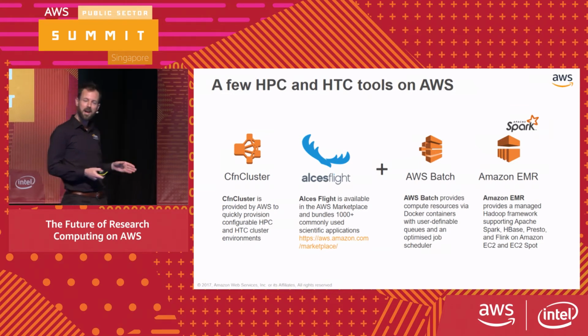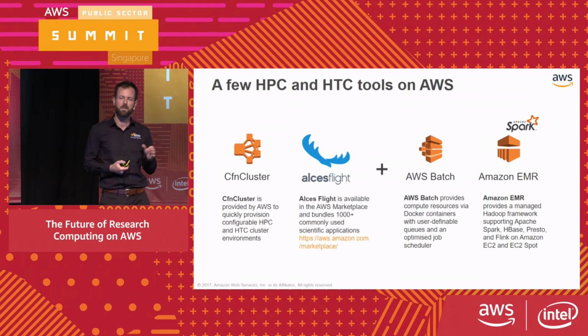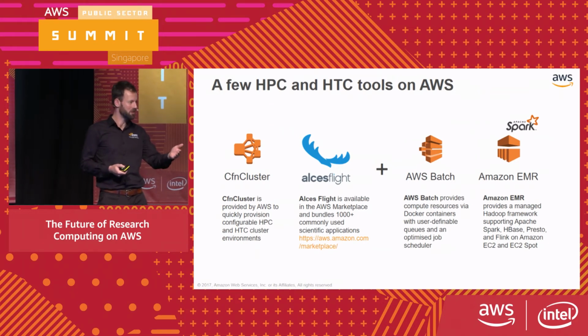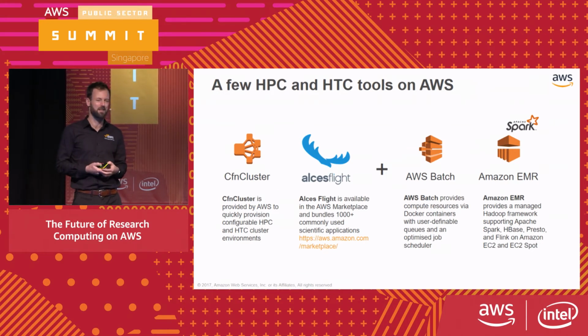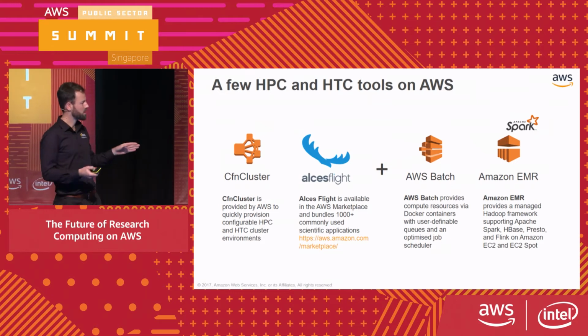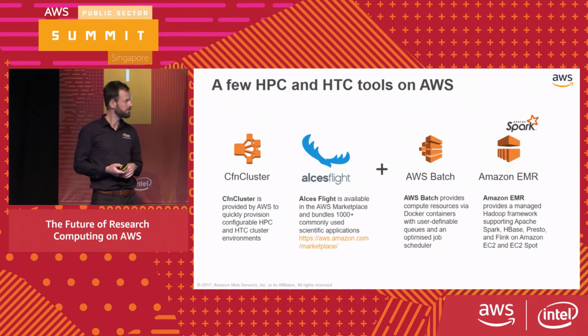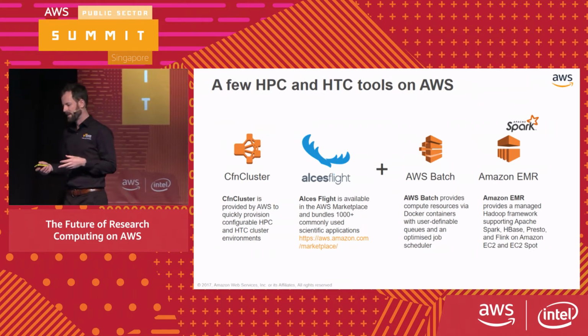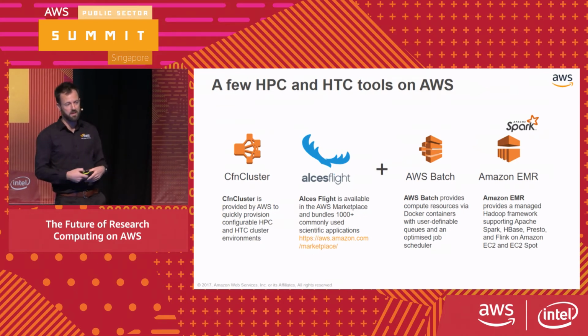Alces Flight is one of our partner products in the marketplace. It's a little similar to CFN Cluster, but what makes it different is it's much easier to use, and it also bundles up over 1,000 commonly used scientific computing applications, and I'll demo that in a couple of minutes. Batch is really focused on more of that batch processing model. And it gives you the ability to define your software in Docker containers, deploy that to Batch as a service.